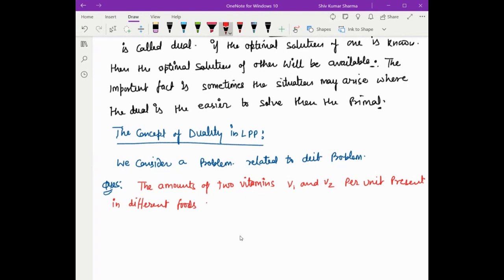The names of the foods are F1 and F2 respectively.